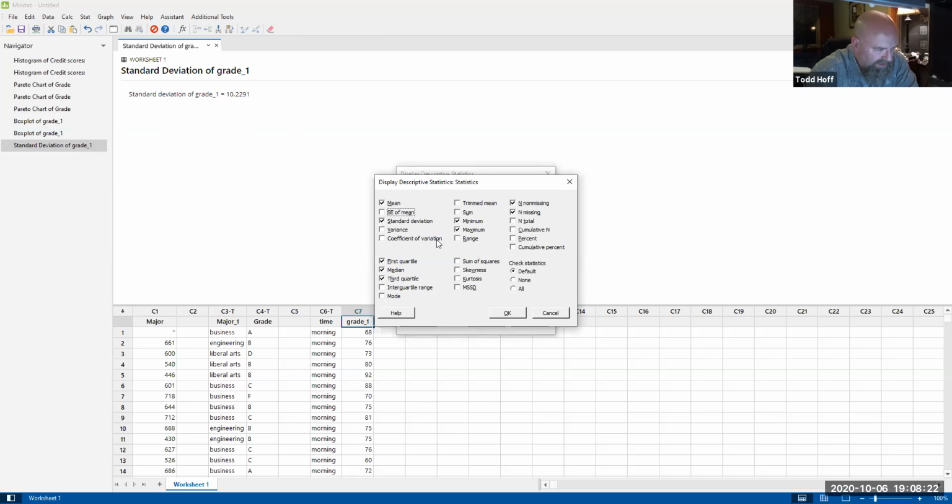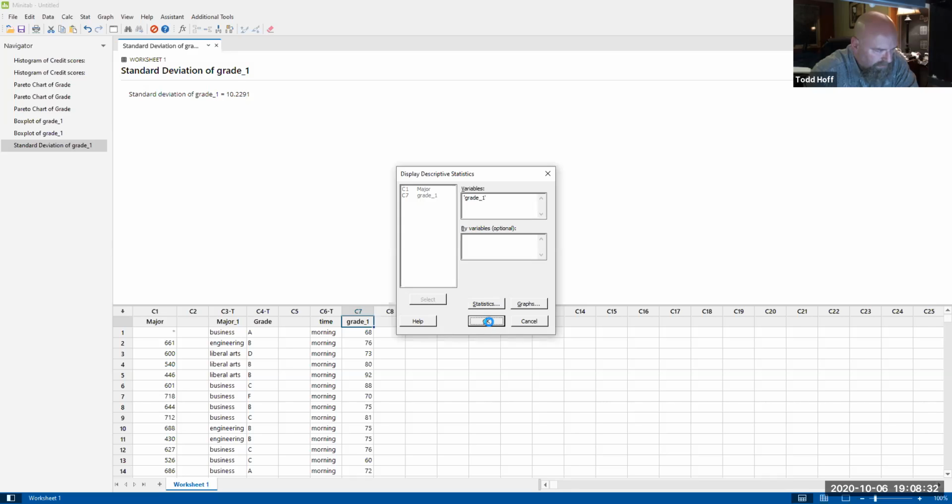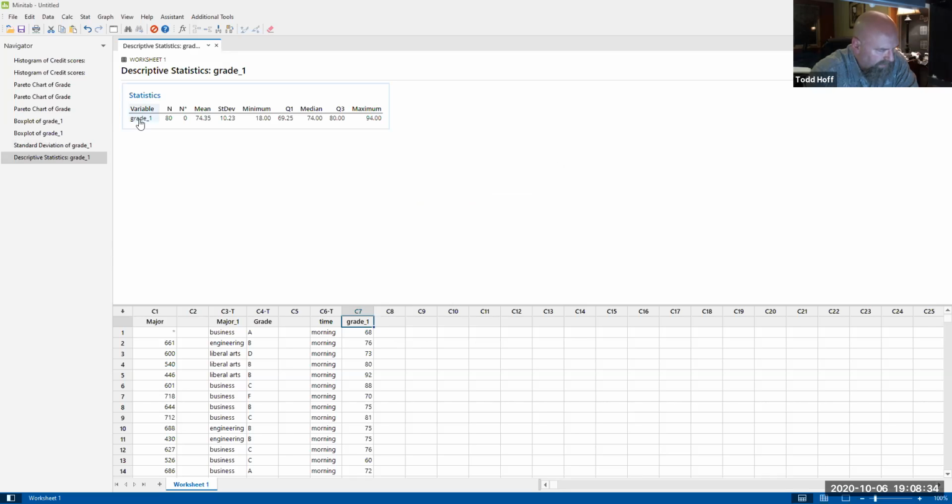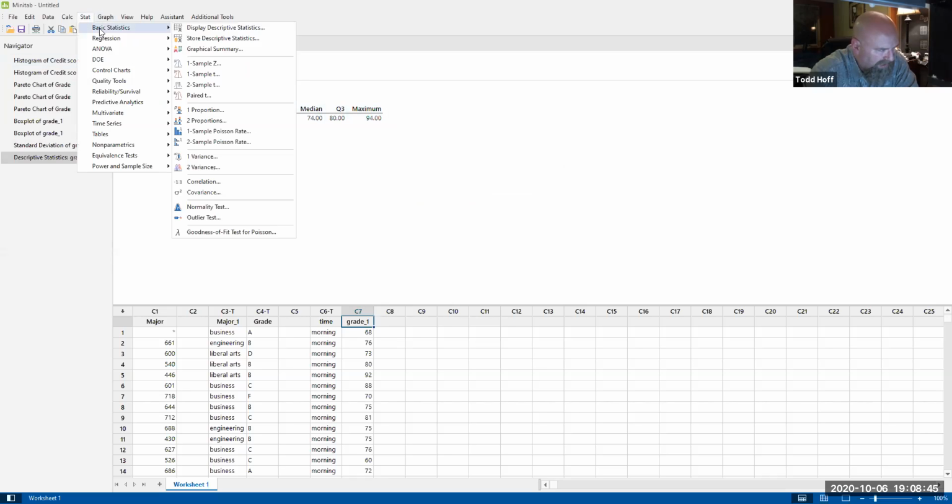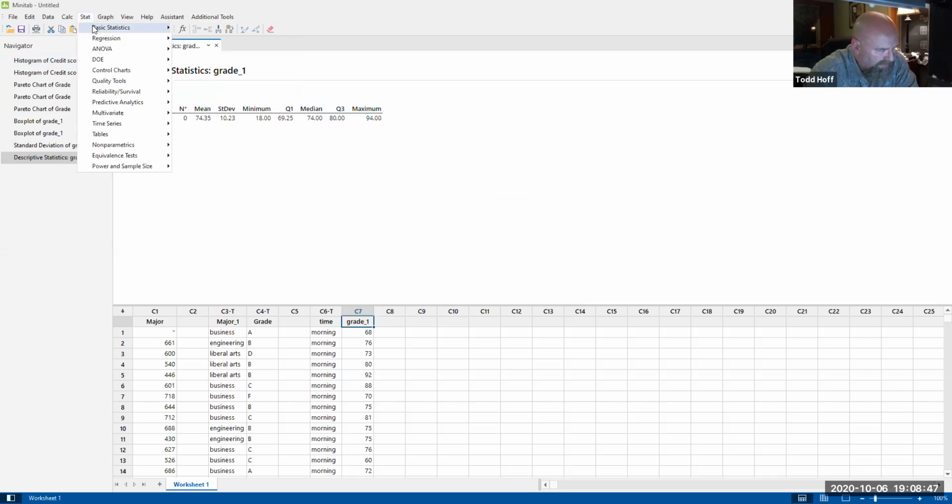Coefficient of variation is with bivariate data, so we don't care about that. Minimum and maximum, sure. Median and quartiles, sure. So let's go OK. So there we have, for grade, the mean, standard deviation, the minimum, the quartiles, the median, and the maximum. Well, what if we wanted to separate these by the morning and afternoon classes?